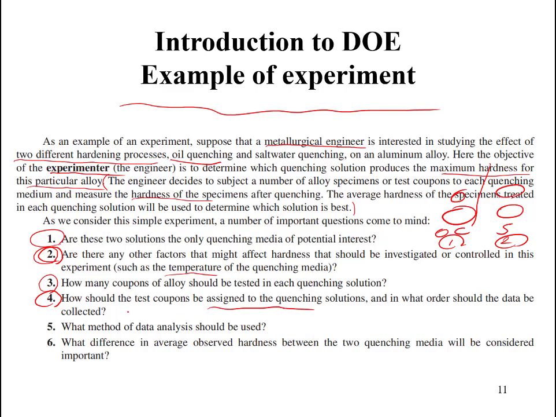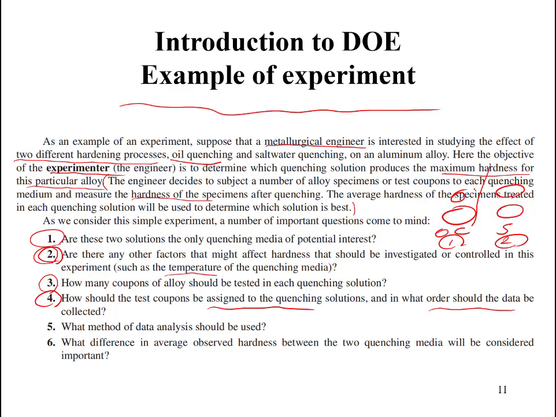How do these samples need to be assigned to quenching solutions, and in what order? Is it okay if we just do the hardening with one method, then do the hardening with the other method and compare them, or is it better to do hardening for one sample by method one, then do the hardening by method two, and again go back to the second sample for hardening by method one, then again sample two for hardening by method two?